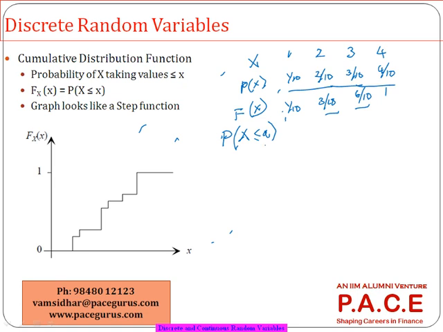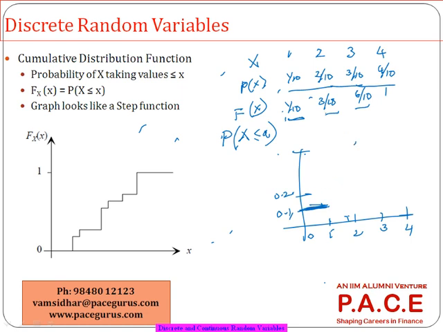So when I am trying to plot a graph for this, it means what? The probability of X less than or equal to 1 is 1 by 10. So if you plot a graph like this, x being 0, 1, 2, 3, 4, and the probabilities here, let's say 0.1, 0.2, something like this. Less than or equal to 1, in this entire range your probability is 0.1.